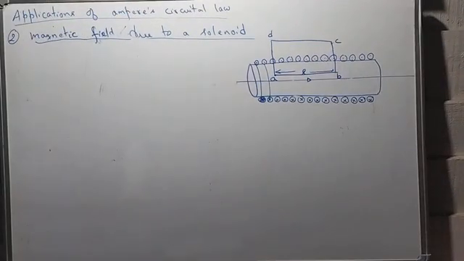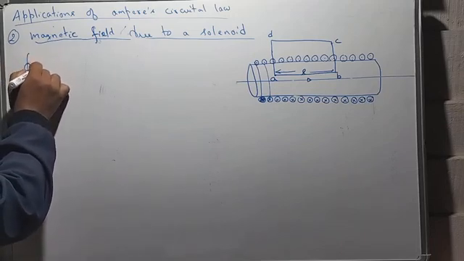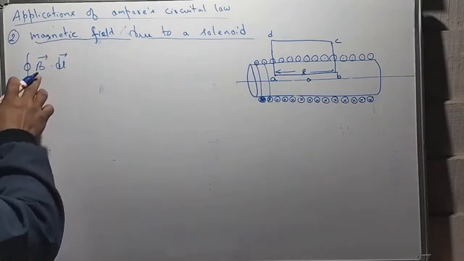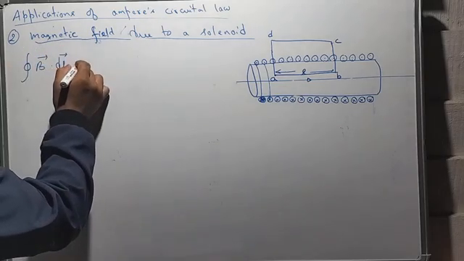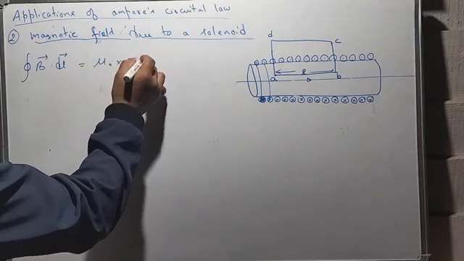According to Ampere's second law, the line integral of the magnetic field over the closed loop, that is the integral of B dot dl, is equal to mu naught times the total current enclosed by the loop.